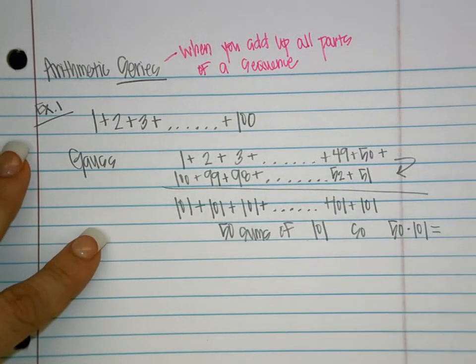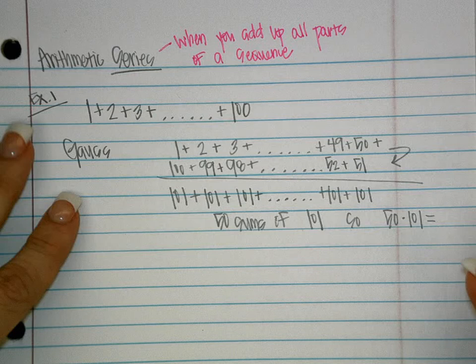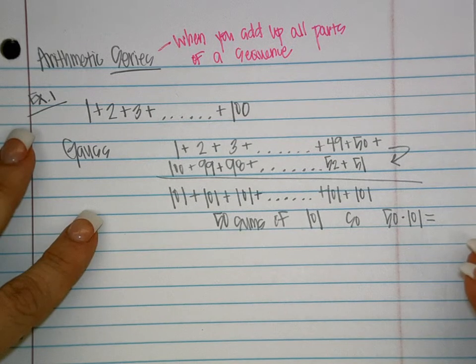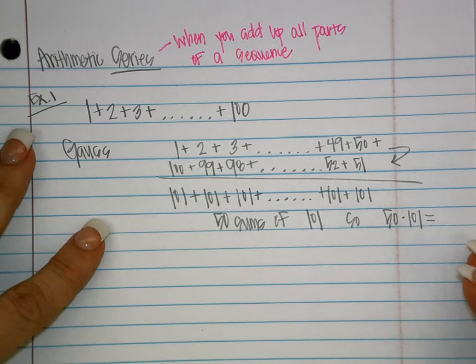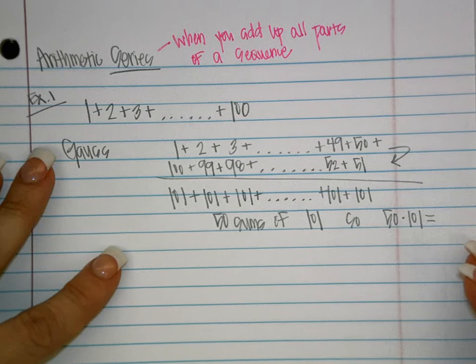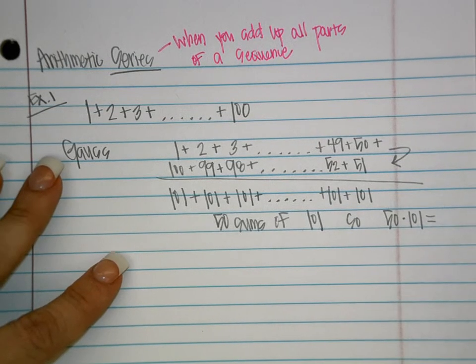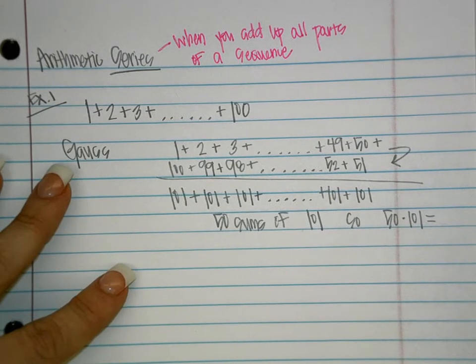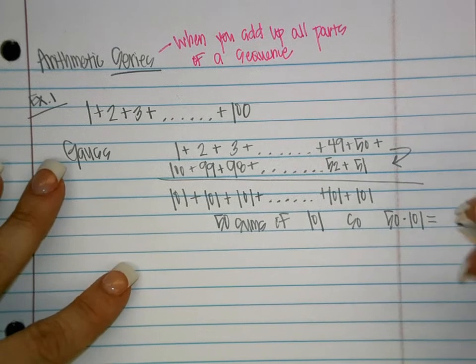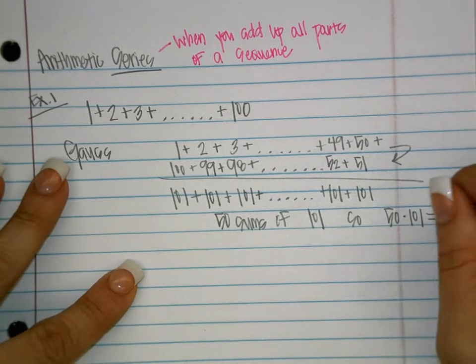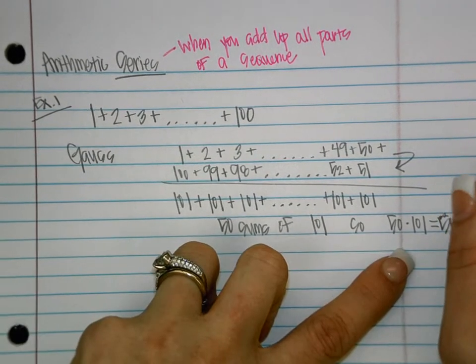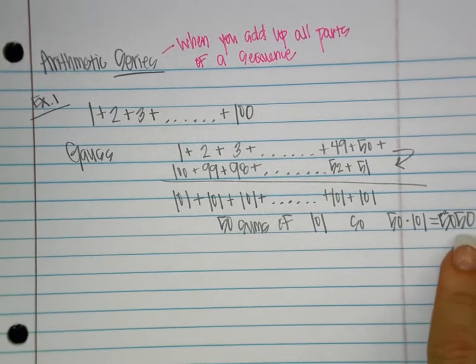What is 50 times 101? What's 50 times 100? 5,000, plus one more set of 50, so 5,050. He realized that this would give you 5,050.